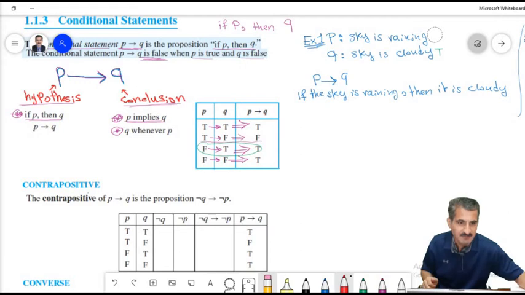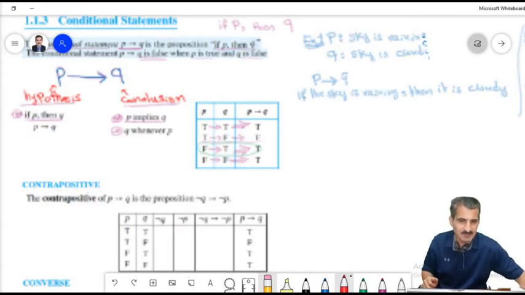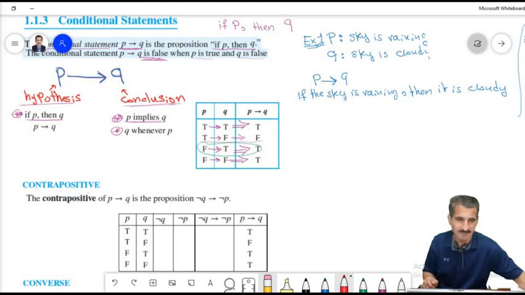Let me not assume that. Let me go back. Let's assume this is true, and this is true. So it is raining, and so the sky is cloudy.